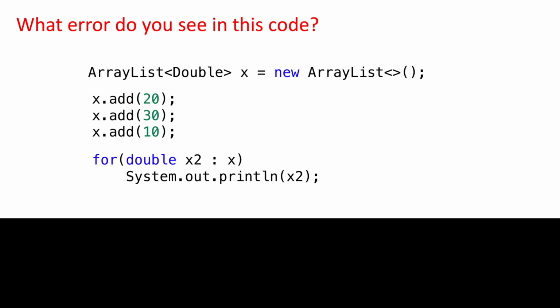In terms of syntax, I see no error. This is the correct way of declaring ArrayList. Exactly, we have the bracket here, we have all the things are there. Here, this is exactly the same way we used add, and we're just adding items to the end of the array. For each seems to be fine.